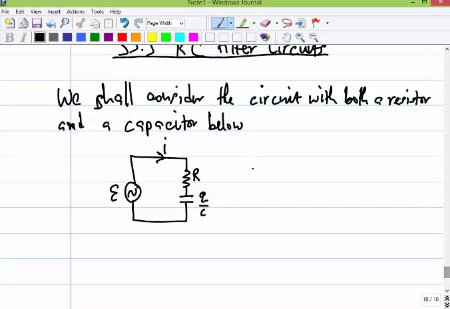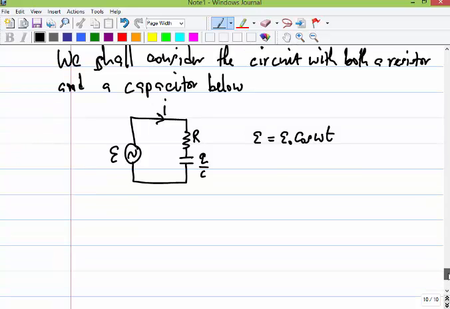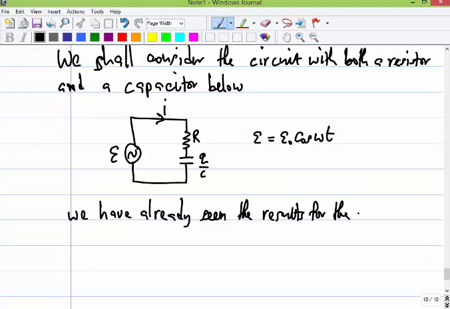We know that the EMF is equal to E naught cosine omega t. And we know the voltage across the resistor and the voltage across the capacitor, because we have already seen the results for the resistor circuit and the capacitor circuit.